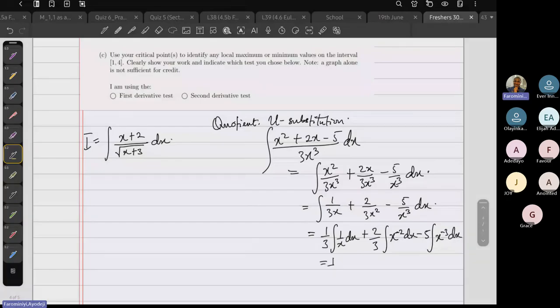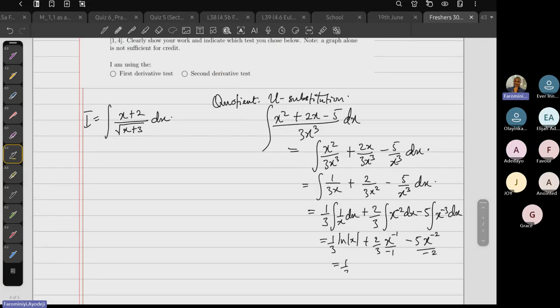And that will be 1 over 3 natural log of x plus 2 over 3 times x raised to power negative 1 over negative 1 minus 5 over 3 times x raised to power negative 2 over negative 2, which is just 1 over 3 natural log of x minus 2 over 3x plus 5 over 6x squared plus c. That will work for a case where you just have a single expression in the denominator.